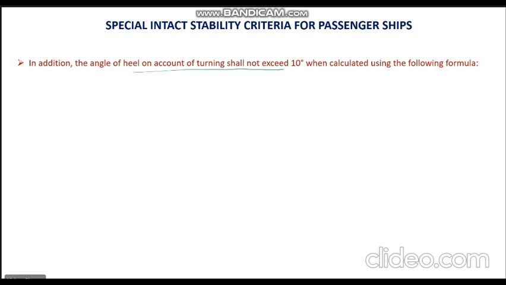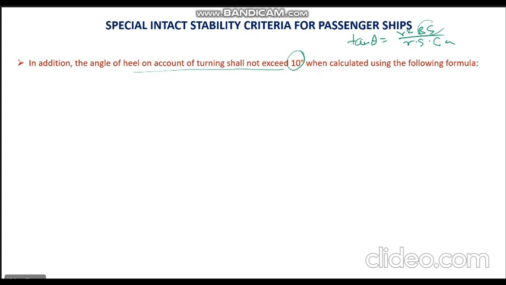The passenger ship has to show that when she turns, the angle of heel due to turning will not exceed 10 degrees. Now you'll say, sir, our formula was tan theta equals P square BG upon r GM. Sir, what speed? The ship can be moving at different speeds. Yes. Sir, the ship can have different KG. Yes, BG will change.